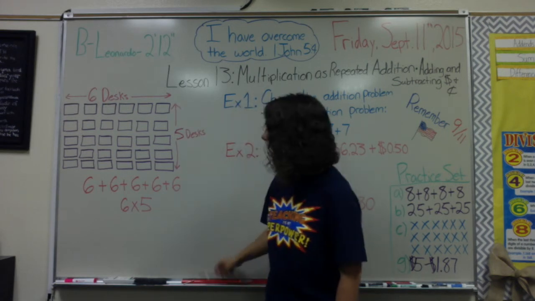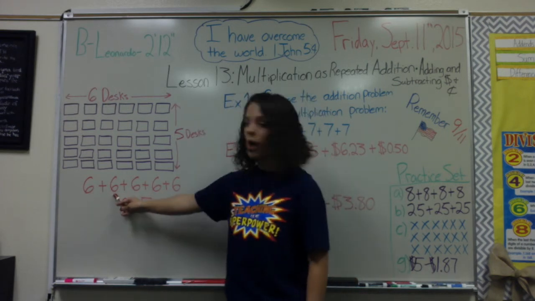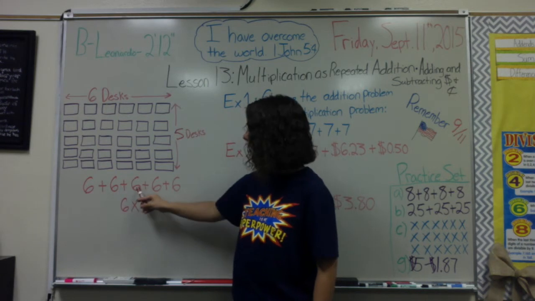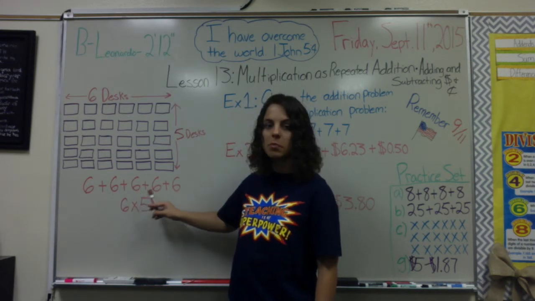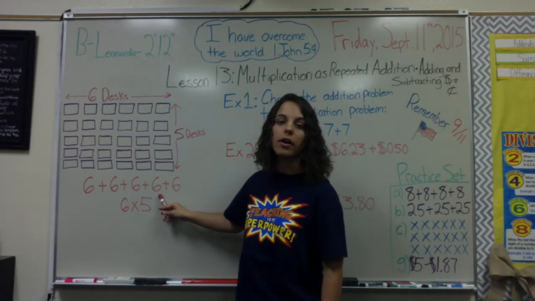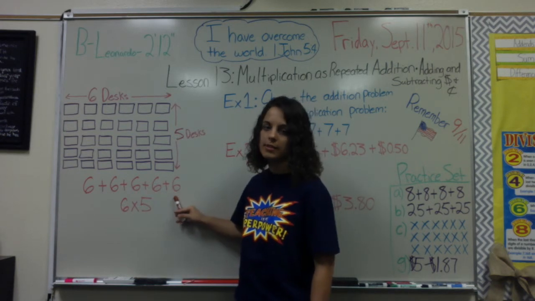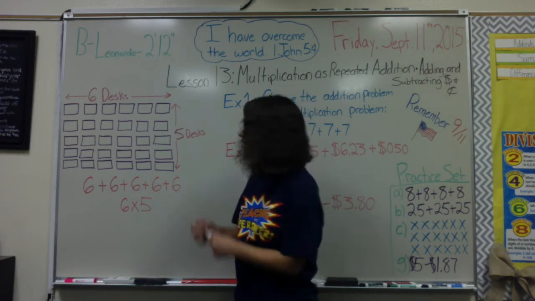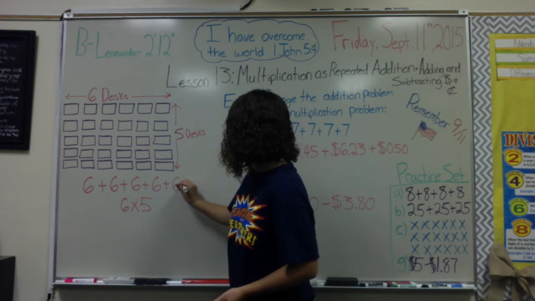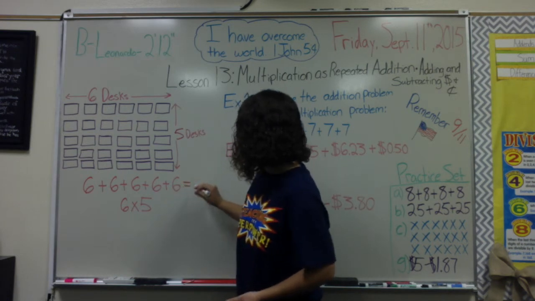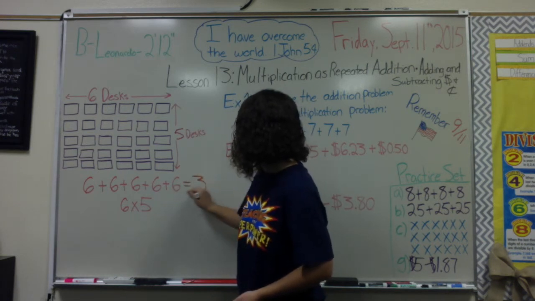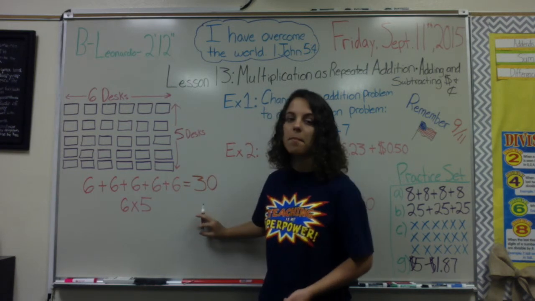So if I were to add 6 plus 6 is 12, 12 plus another 6 is 18, 18 plus another 6 is 24, 24 plus another 6 is 30. So if I add 5 sixes together, I get 30 as my sum.